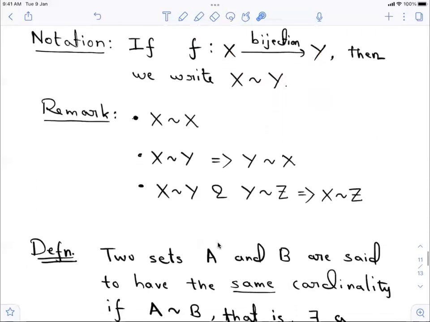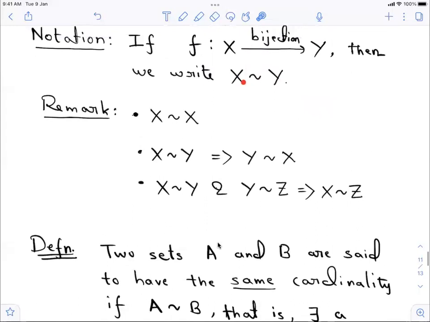I'll talk about that in a second, but the similarity satisfies these three properties. I don't know if you have heard about equivalence relations; you will recognize this immediately. First of all, X is always similar to itself because the identity map is a bijection from X to X. If X is similar to Y, then Y is similar to X. Why?